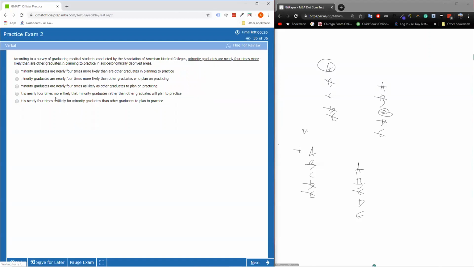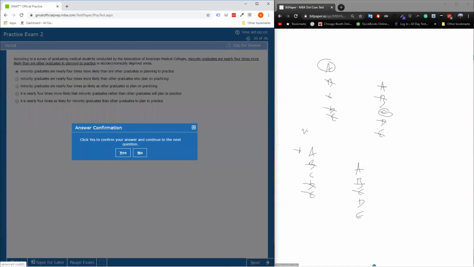According to a survey of graduating medical students, minority graduates are anywhere from four times more likely. I've got to guess.